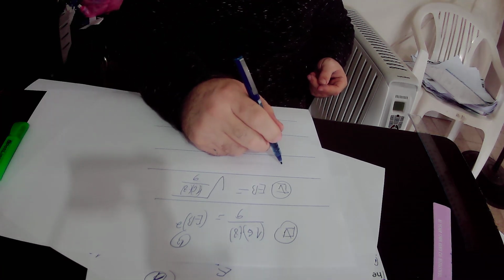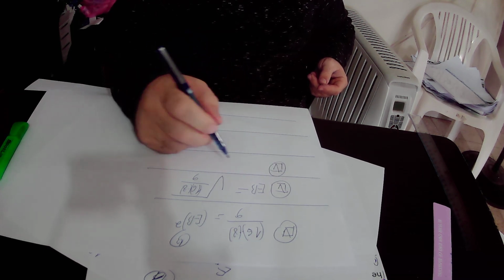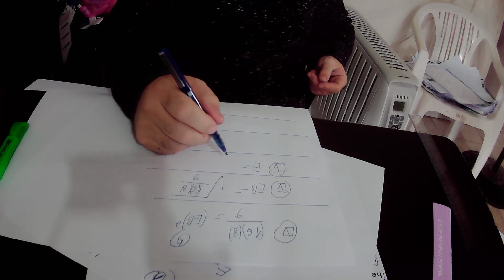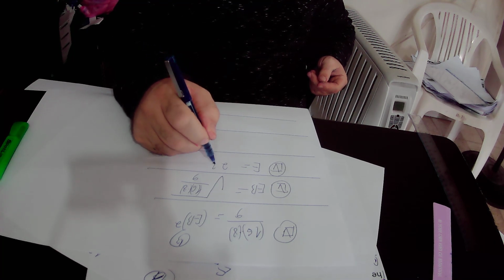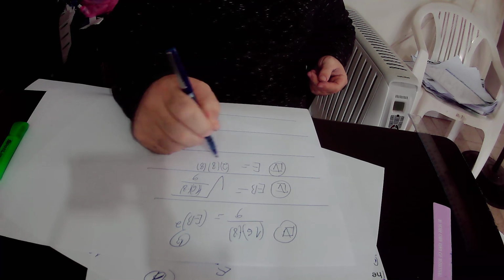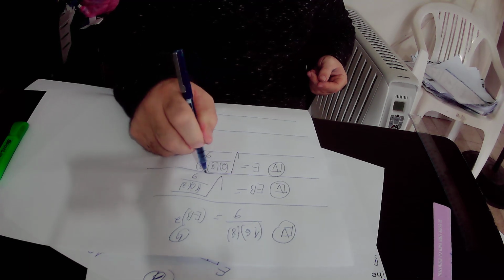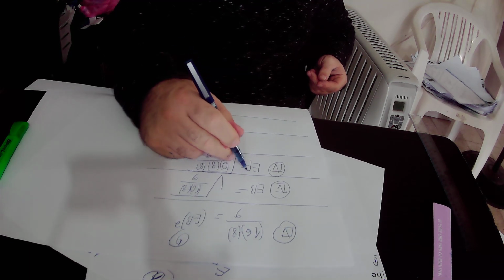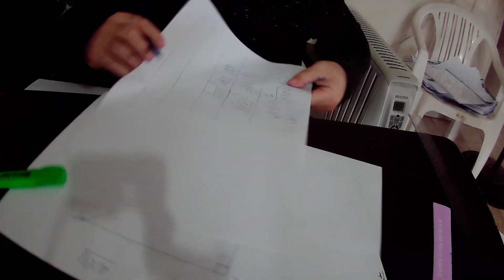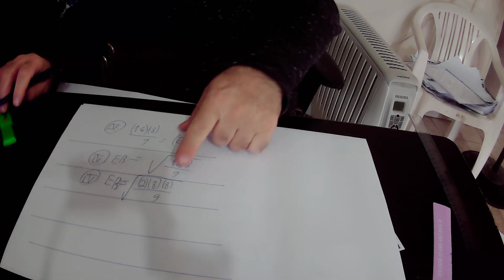Okay, we know that 16 is 2 times 8, so we write it down: 2 times 8 times 8 over 9. So EB equals the square root of 2 times 8 times 8 over 9.